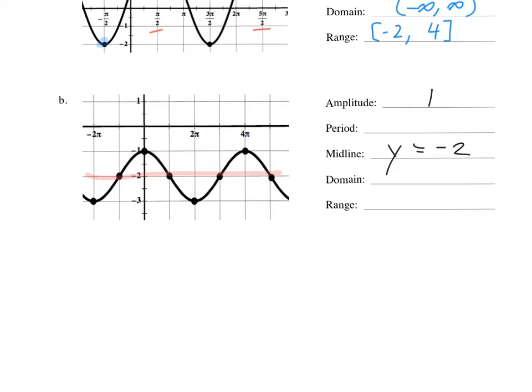Period, well, we're going from 0 to 4 pi, so that's a period of 4 pi. Domain is always going to be -infinity to infinity. And the range, the minimum, -3, to the maximum, -1. So let's keep on going, let's practice some more.